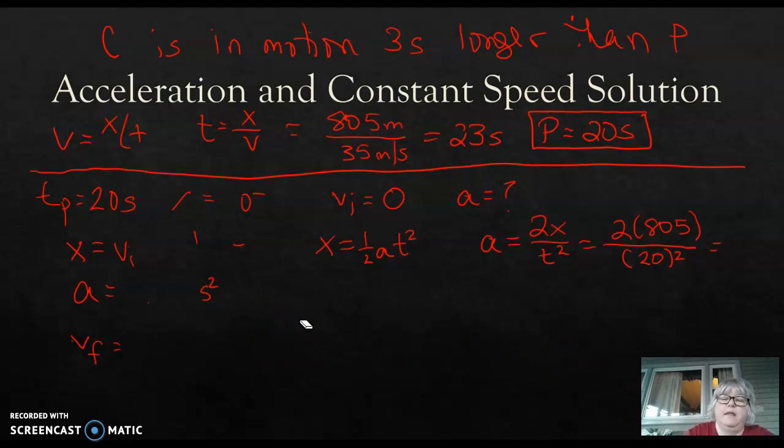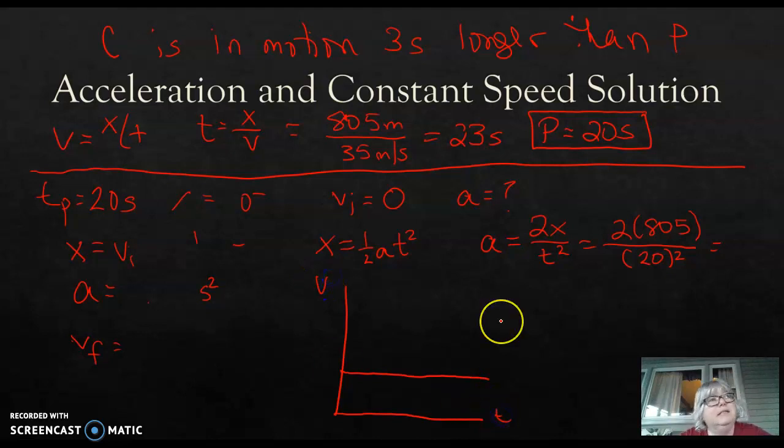Okay. So my car, its velocity would look like this. Now this is going to be a VT graph, so it would have a constant velocity. My police car, on the other hand, would be starting from rest and then would be accelerating.